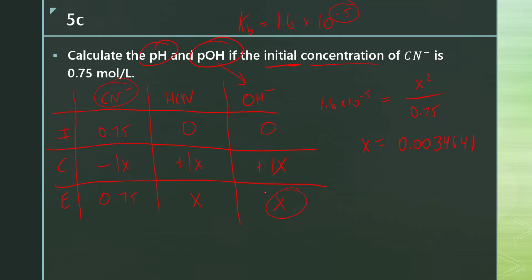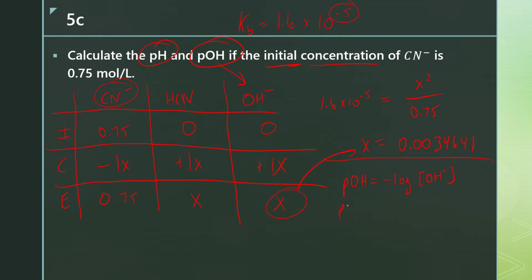pOH links directly to OH. There's a formula to calculate pOH. It's a bit different than the one we saw earlier today in terms of 10 to the negative pH, right? It's not quite that one. The pOH formula, which is another formula you guys have to just remember, is pOH equals negative log of your OH concentration. Our OH concentration we just found was this number here.